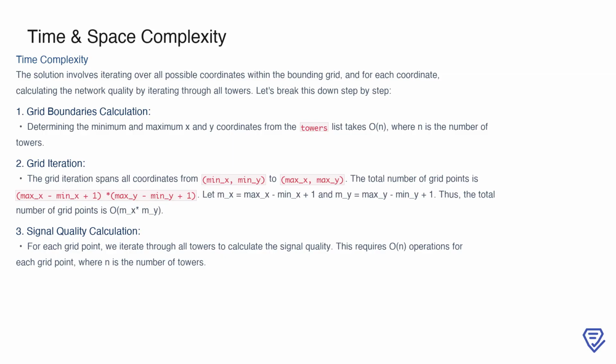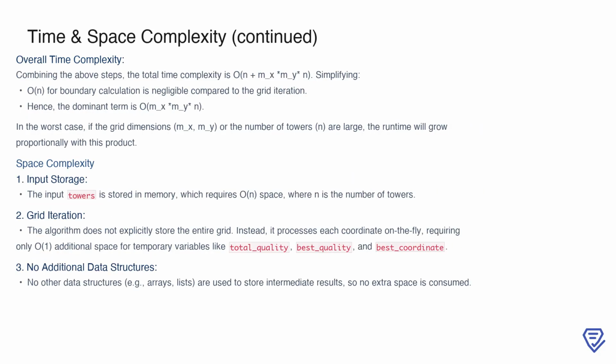Finally, for each grid point, we calculate the signal quality by iterating through all towers. Since there are n towers, this calculation takes n time per grid point. Combining these, the complexity of the signal quality calculation across all grid points is m_x * m_y * n. When we combine the complexities from each step, the overall time complexity of the algorithm becomes n plus m_x * m_y * n.